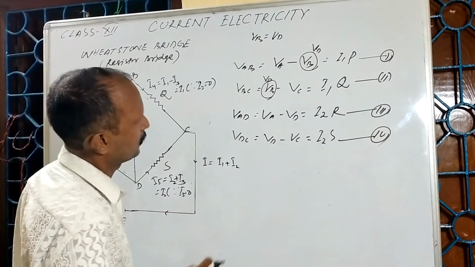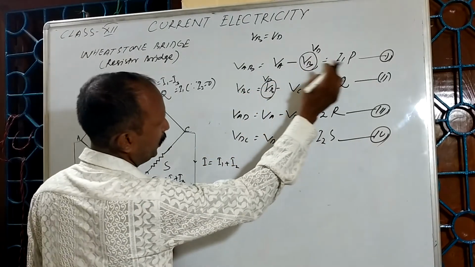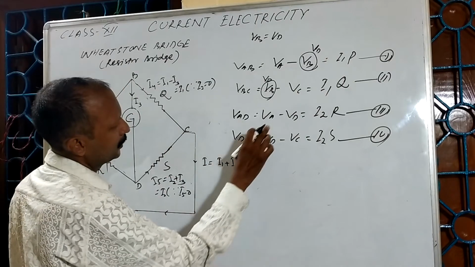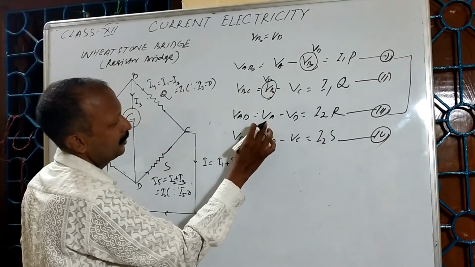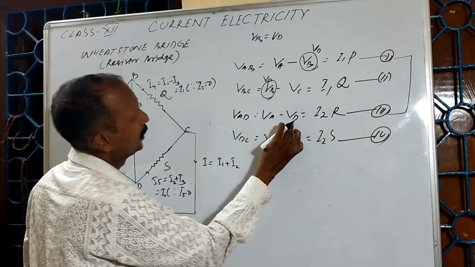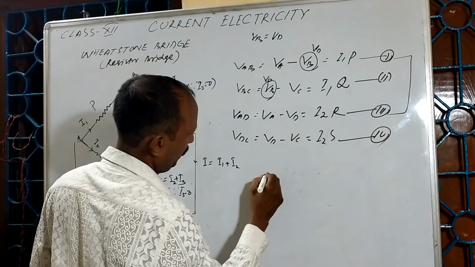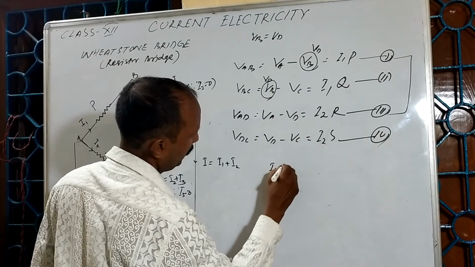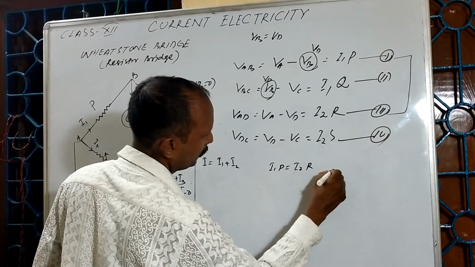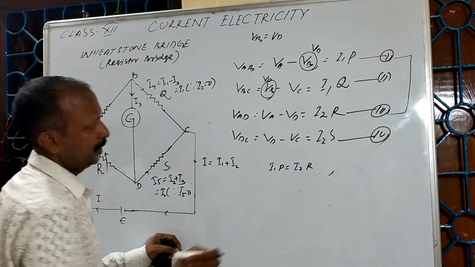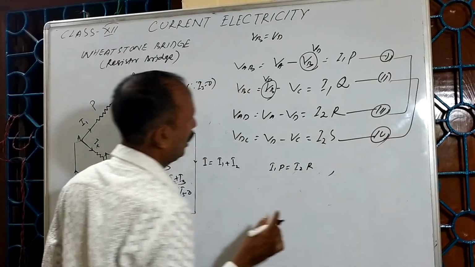So in this case, equations 1 and 3 are equal. How? VA minus VD, this is also VA minus VD. So I can say that I1P is equal to I2R. Similarly, the second and fourth are equal. How?